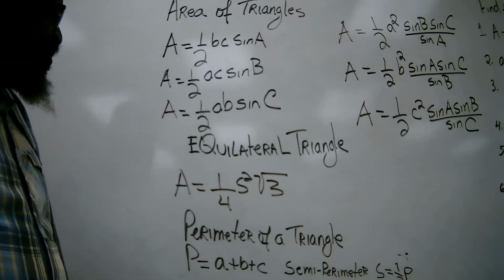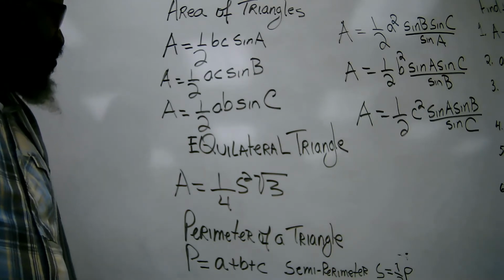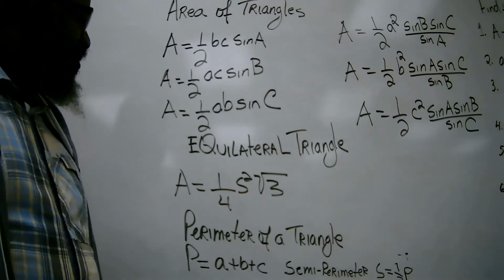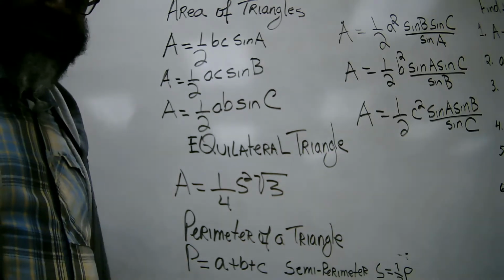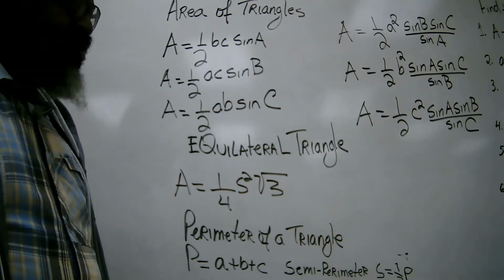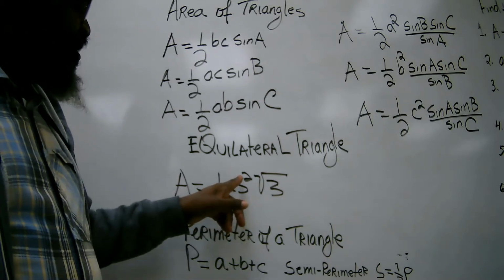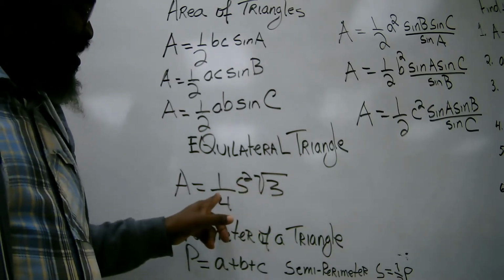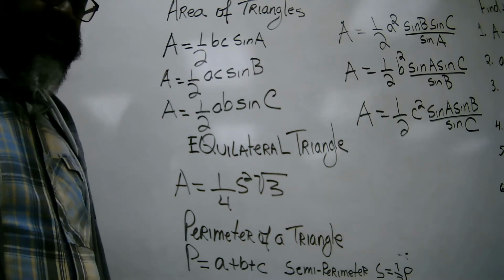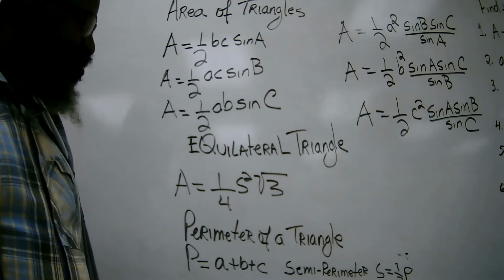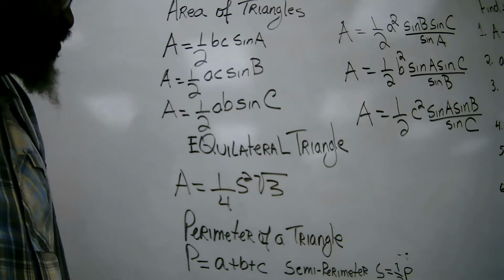If you know the triangle is equilateral, all of the sides are the same. So you take one of these sides, you square it, you multiply by √3 and times 1/4, or divide by 4. That will give you the area. That only works for an equilateral triangle.